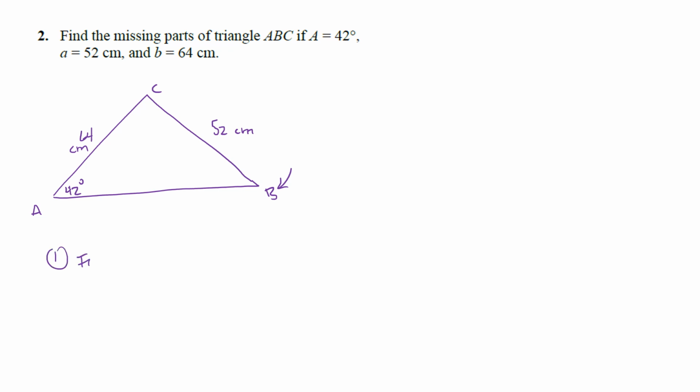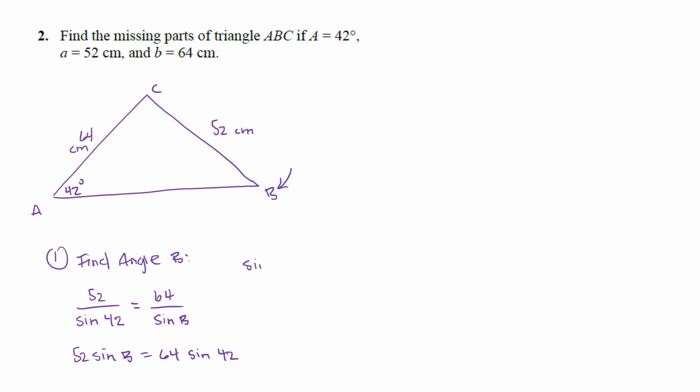So we'll find angle B. Because we know 52 over the sine of 42 equals 64 over the sine of B. And when we cross multiply, we will have 52 times the sine B equals 64 sine 42.